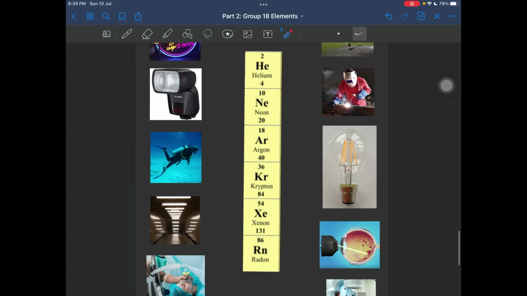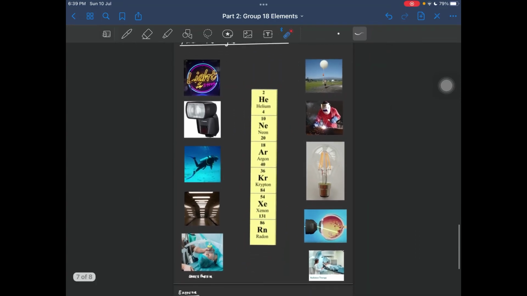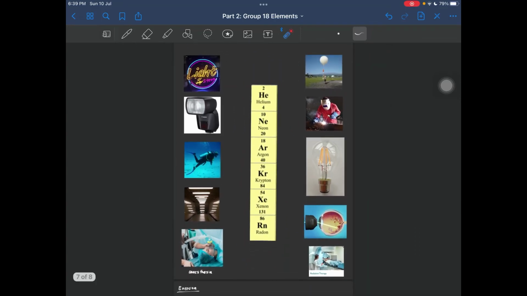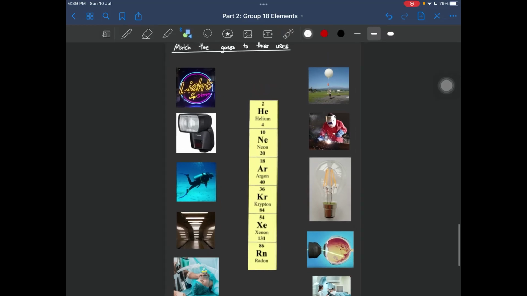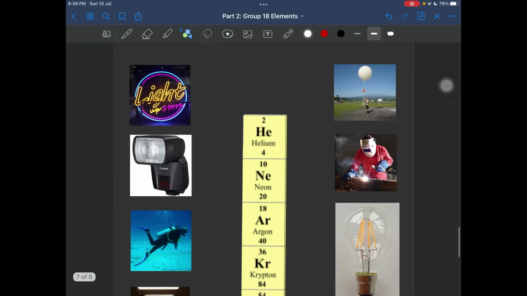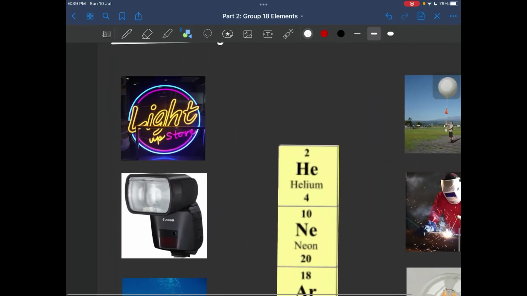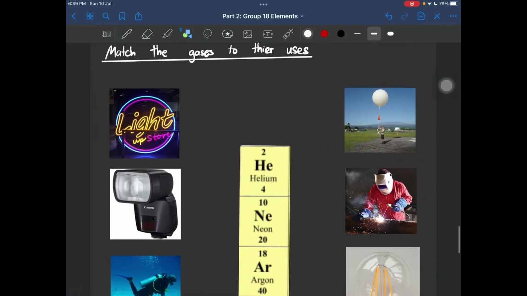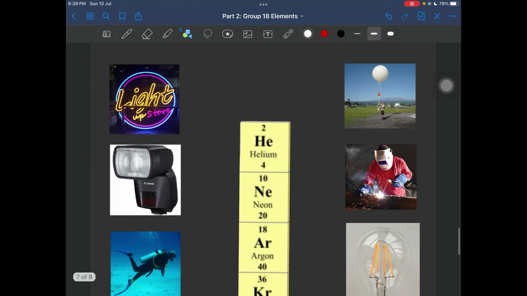Now, let's have a short little exercise in order to strengthen our memory of the uses of group 18 elements. So the first thing that we have here is neon lights. The gas that you use to make neon lights is, of course, neon.